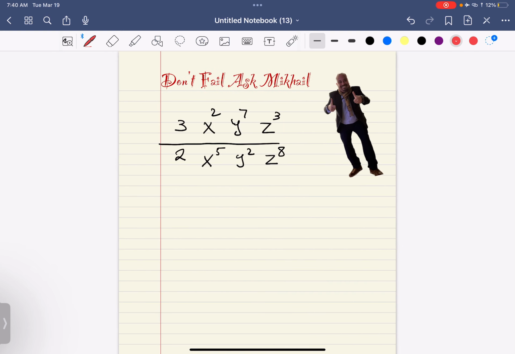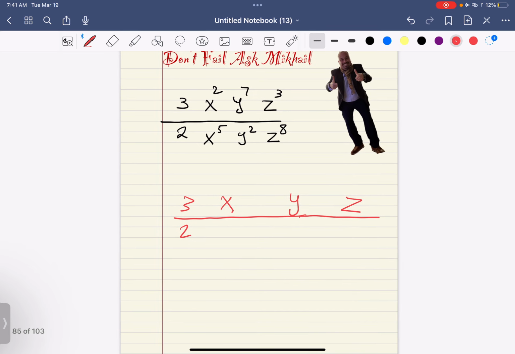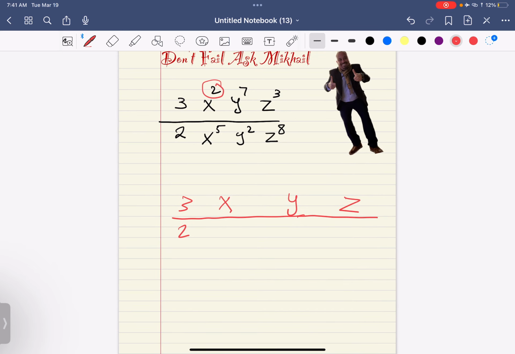Our last example, I have 3 and 2, so they're going to stay the same. Now, I have x, y, and z. Always subtract the exponent of the top minus the exponent of the bottom. Exponent of the top is 2 minus exponent of the bottom is 5. Same thing with the y.